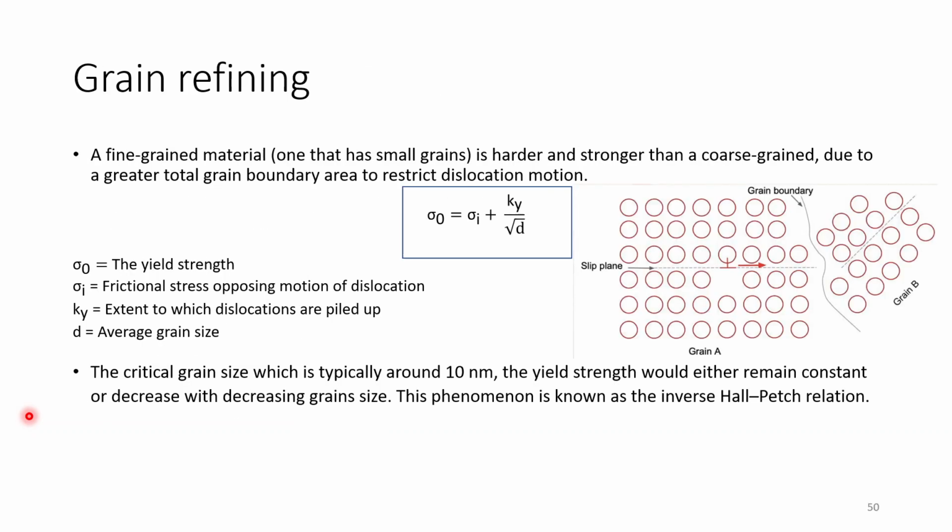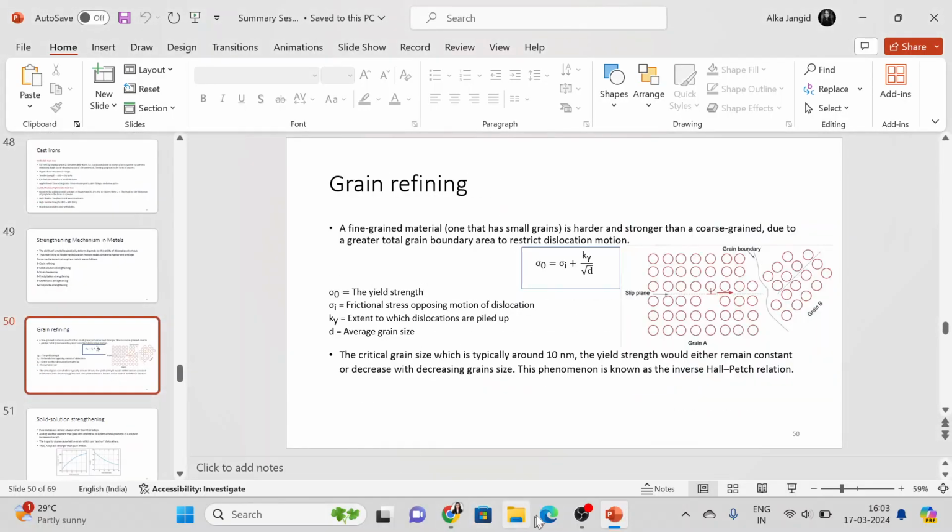In case of grain refining, here you have a fine grained material, one that has small grains, and it is harder and stronger than a coarse grain due to a greater total grain boundary area to restrict dislocation motion. So here sigma naught equals sigma i plus ky upon root d.